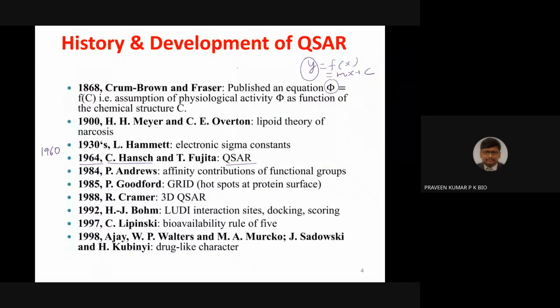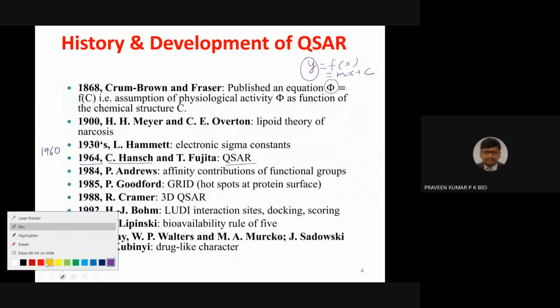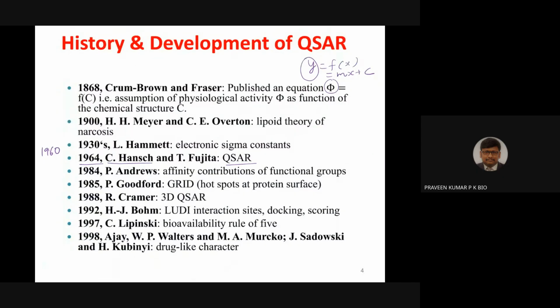Generally, if you want to determine the antimicrobial activity for a compound, it is generally determined as the negative logarithm of MIC50. MIC, that is minimum inhibitory concentration 50. You know how the antimicrobial activity is checked? Initially, we take the agar and pour it in the Petri plates.